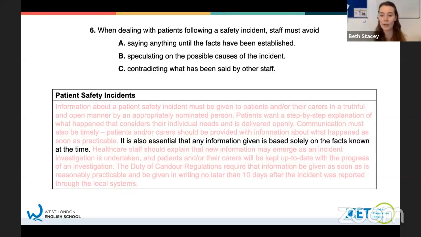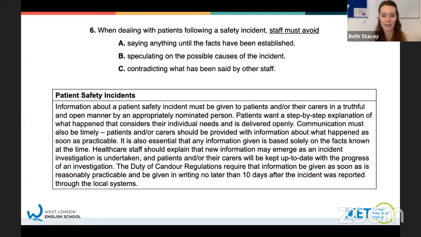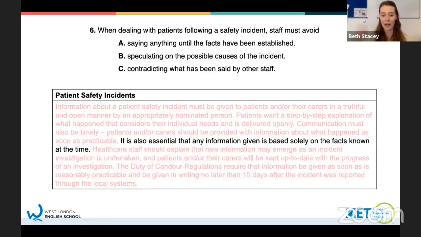Now, when we're saying known at the time, it means at that particular time, and it might mean that anything could change. Because it also says, after that line, healthcare staff should explain that new information might emerge. Now that means I have facts now, maybe then I learn another fact and that changes the previous information.